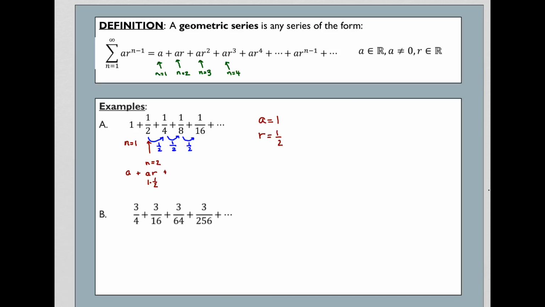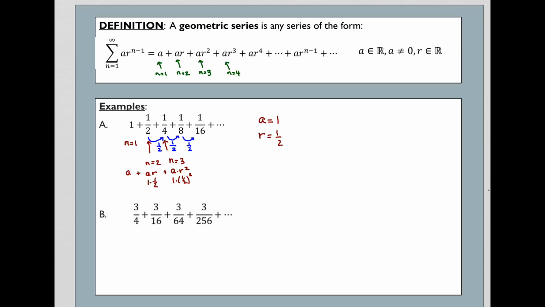Let me just write it out quickly here. Let's check my notation: the third term is a times r squared. A is 1, r I said was 1/2, and 1/2 squared is 1/4, which does match my pattern, just as I thought it would by looking at the ratios.